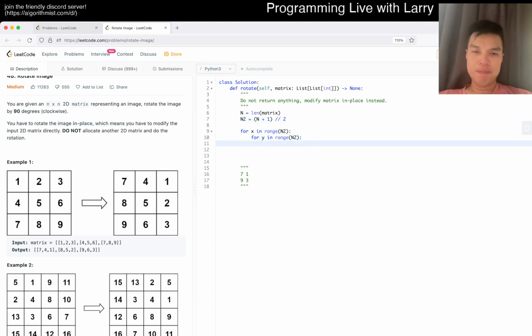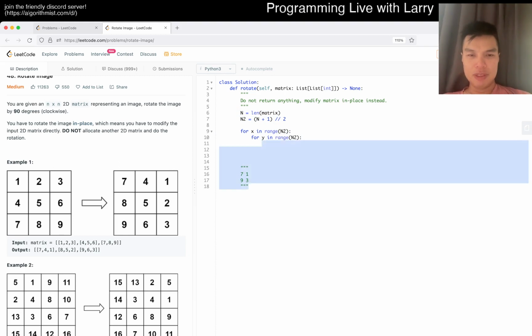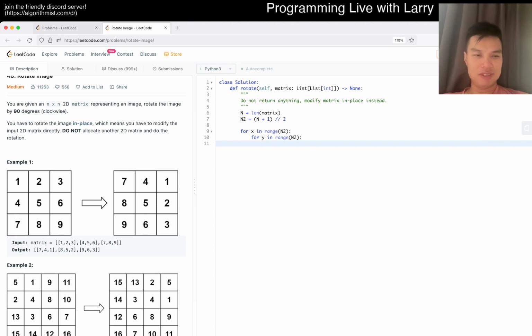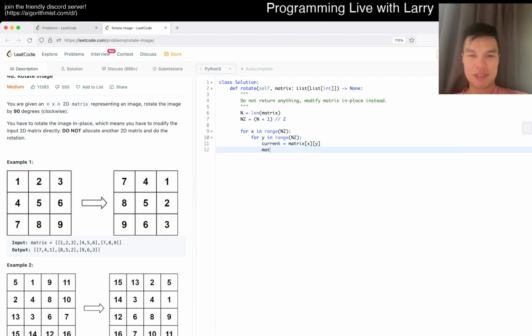I mean, we could do it in a number of ways, but let's say current is equal to matrix x y. And then you could do this manually maybe. So then matrix x y is equal to, I mean, you could also do it in a for loop, but I always feel like it's so easy to mix this up.